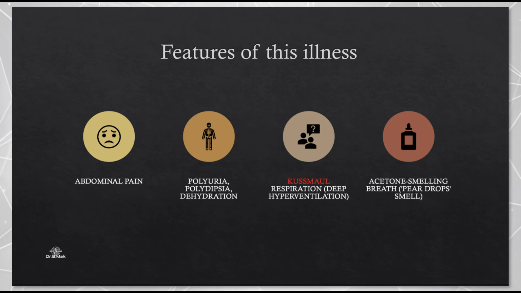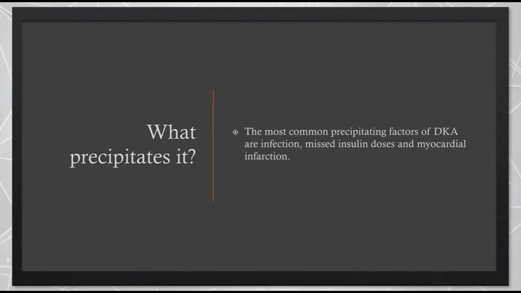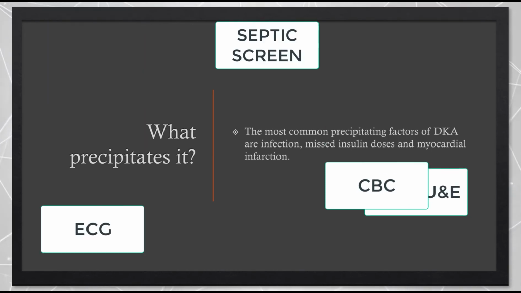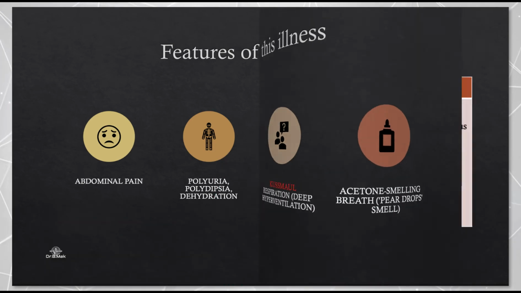And so you go ahead and do your measurement. By the time you have gotten your consult and seen the patient, you're going to do an ECG, enzymes, chest x-ray, and do a pan culture or a septic screen.